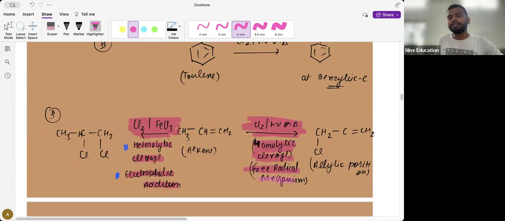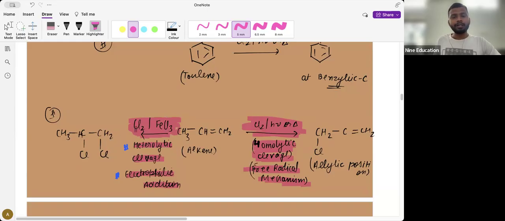And if I use bromine, Br2, I have to use FeBr3, any Lewis acid, okay.